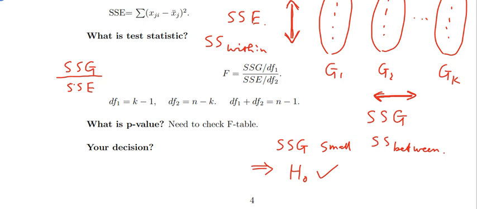And this SSG has a degree of freedom, so we should divide by its degree of freedom, so as the average, right? So here we have 2 degrees of freedom, df1, the degree of freedom in the numerator, and the degree of freedom in the denominator. So we have this number as a test statistic.